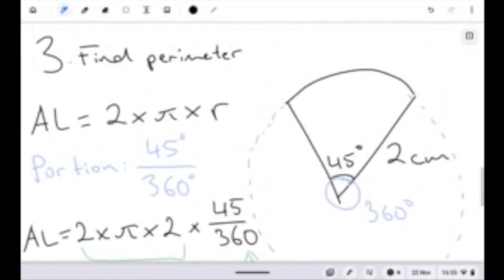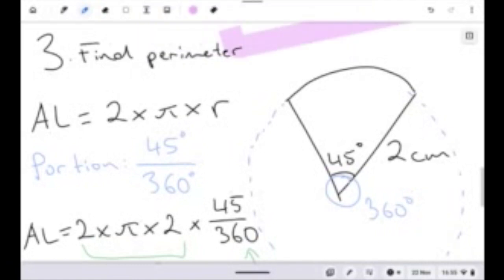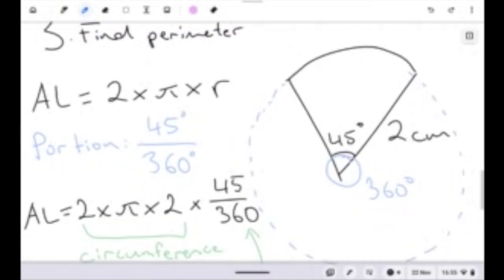Now, are we finished here? Well, no, because our question asked me to find the perimeter. It asked us to find the perimeter. So I found the arc length, and the rest of the perimeter is going to be this thing here and this thing here. Now, do we know the length of this side?